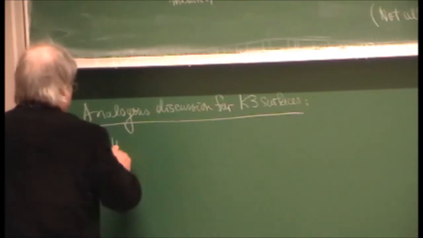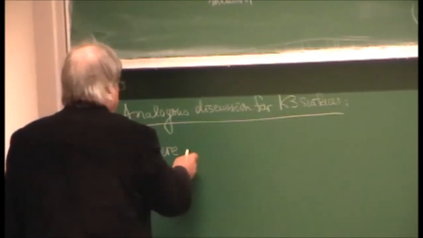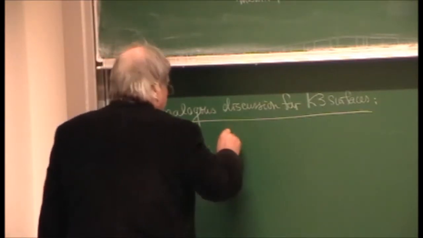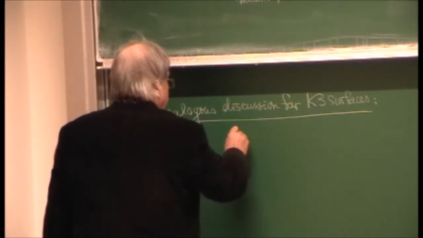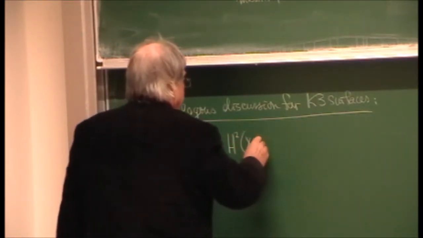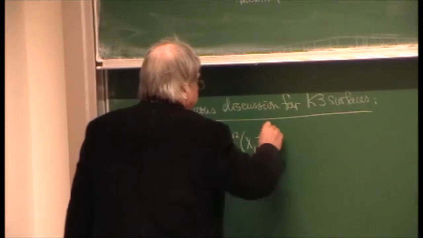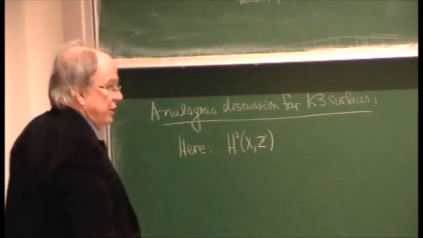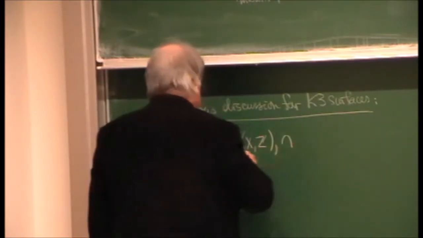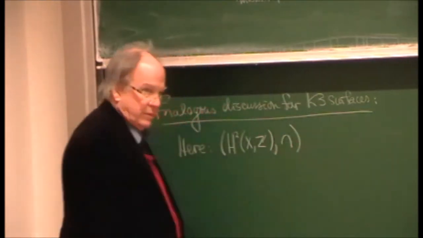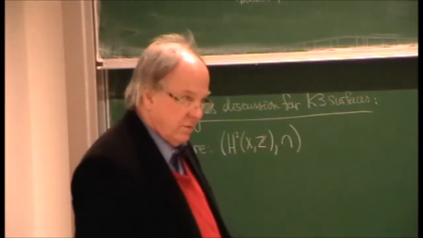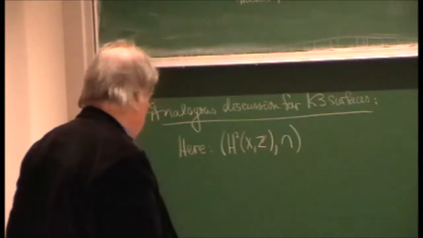Here, the relevant topological vector space, we consider H2, and it doesn't matter whether cohomology or homology. I will do it in cohomology: H2 of Z equipped with intersection theory. That is the additional structure.